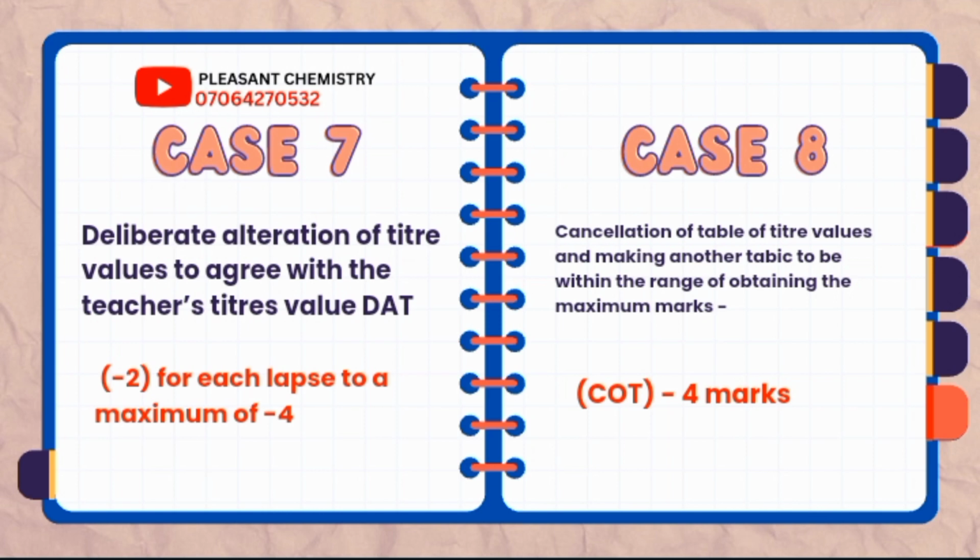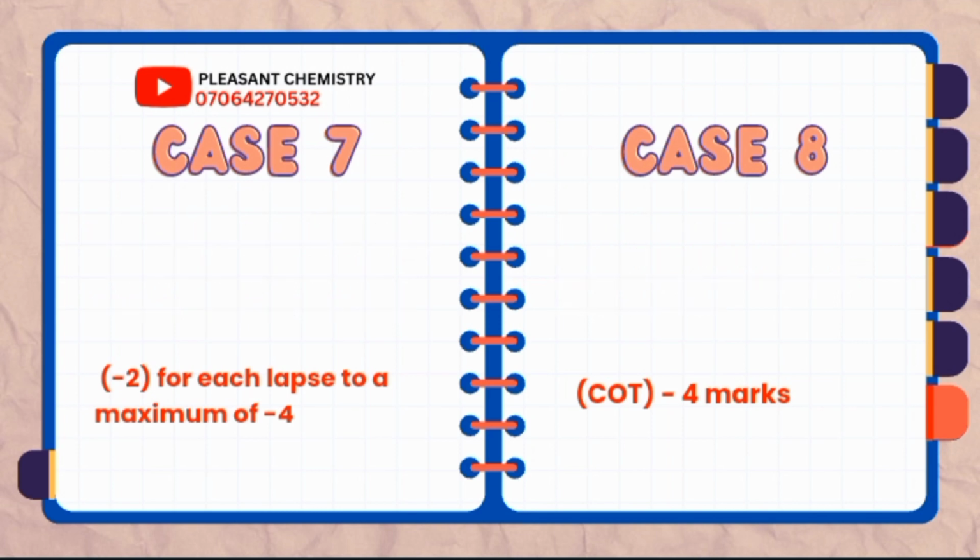If you do that, it will attract a penalty of -4 marks. So when you draw your table, make sure you do not cancel. If you cancel, it will attract a penalty of -4 marks.